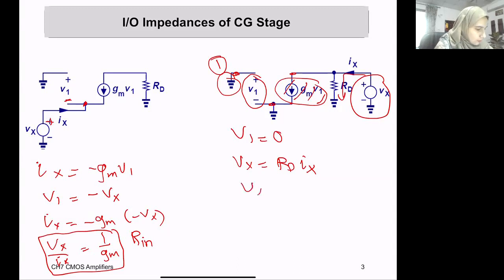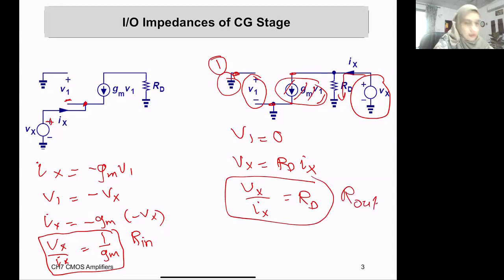So Vx over Ix will equal RD, and this is the Rout of the common gate amplifier. You can see that from the output side, it's somehow similar to the common source amplifier. Any question on this?